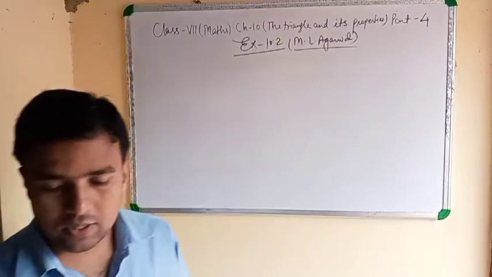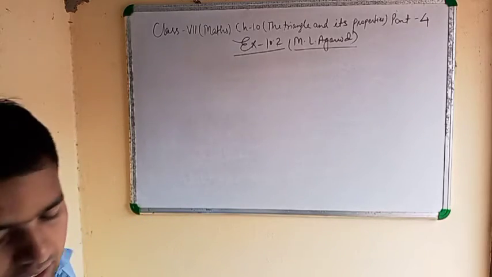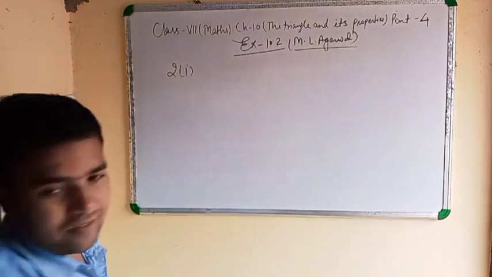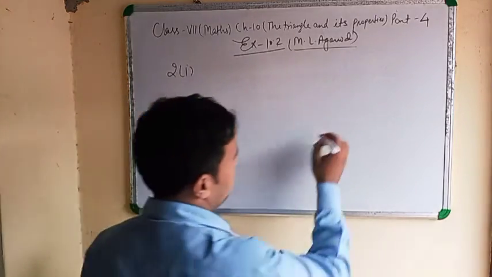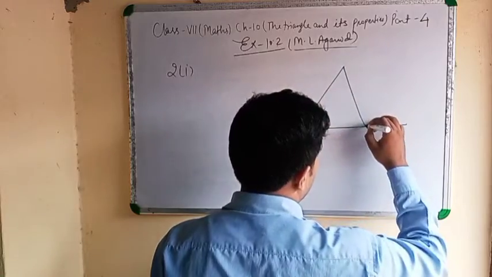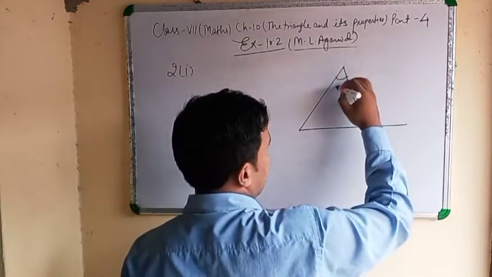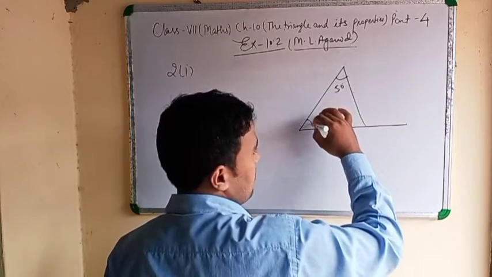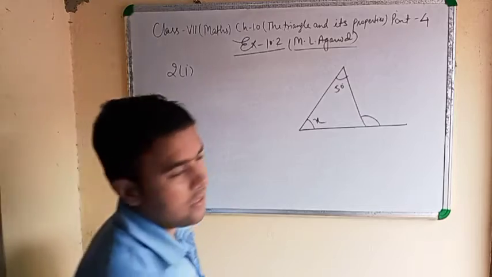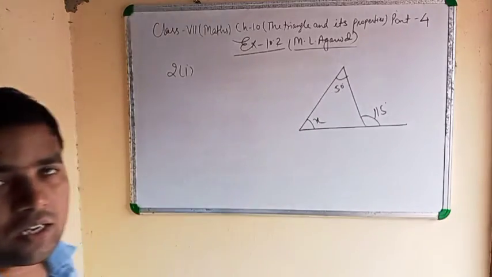Question number second. Find the value of the unknown interior angle in each of the following diagrams. Very simple question. It is a triangle. It is given 50 degree. It is given x. And exterior angle is given 115 degree. Clear?